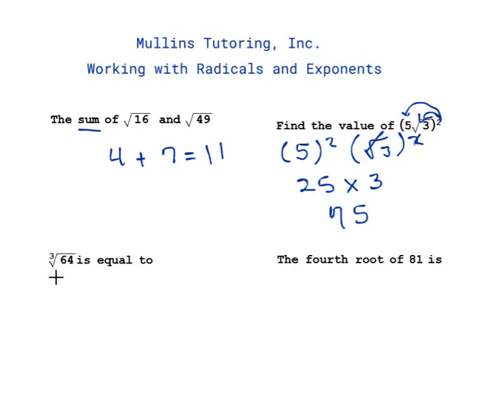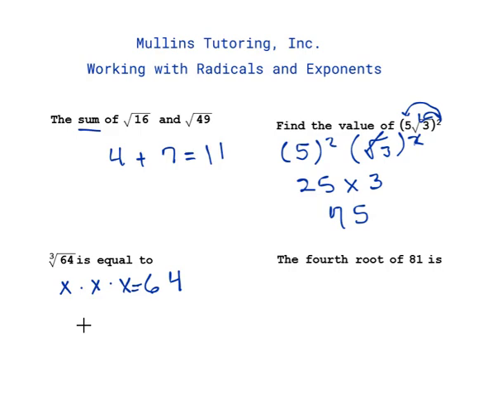On the next one, we're looking at the cube root of 64 is equal to. So the cube root is saying a number times itself 3 times is equal to 64.